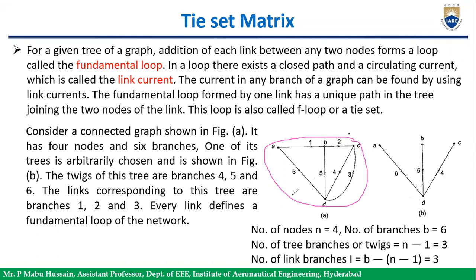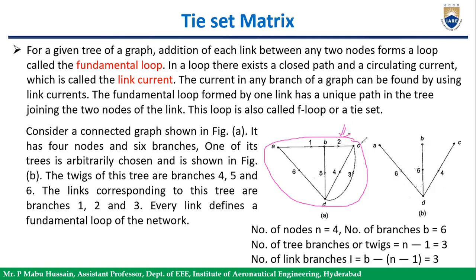Now from this graph, how can you select the tree? That also we already discussed. What is a tree? A tree is a subgraph of the original graph which has all the nodes of the graph but no closed loop. From this graph, you can extract many trees.